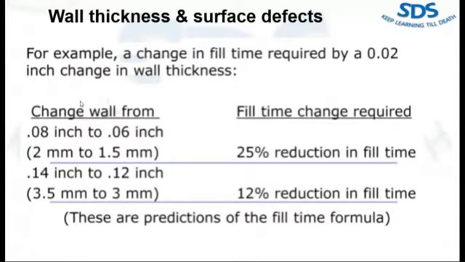When the wall thickness is reduced from 0.08 inches to 0.06 inches, the fill time may need to be reduced by 25%, right? On the other hand, when the wall thickness is reduced from 0.14 inches to 0.12 inches, it may only take a 12% reduction in the fill time.